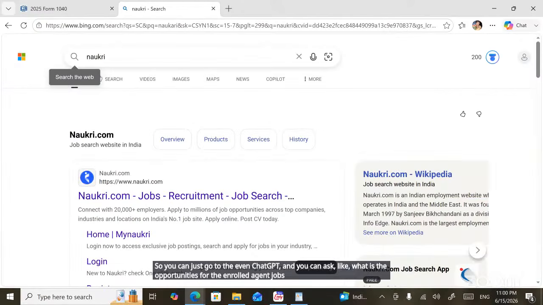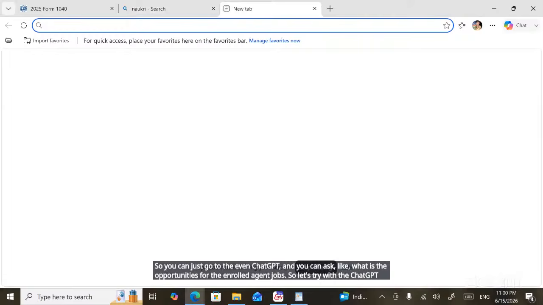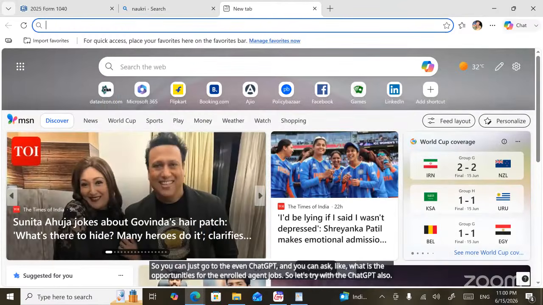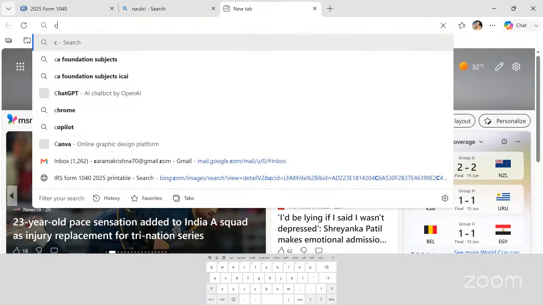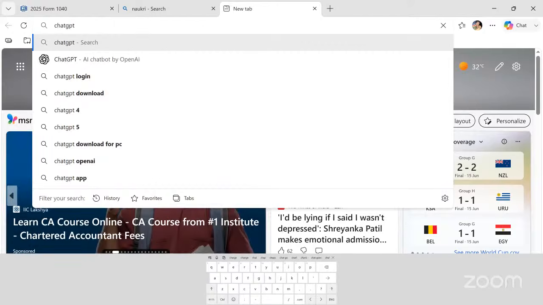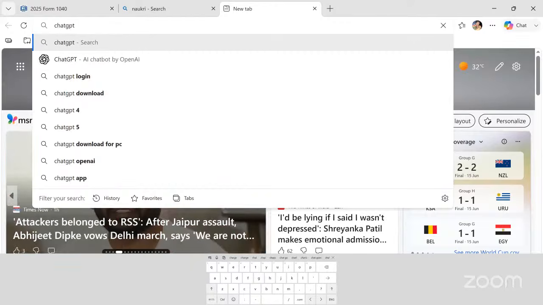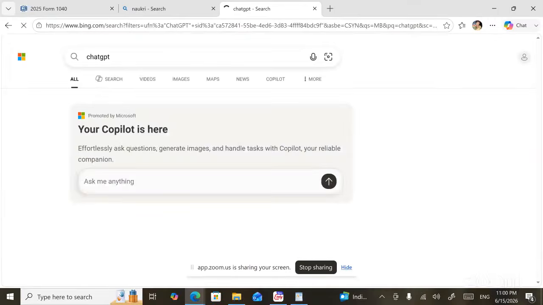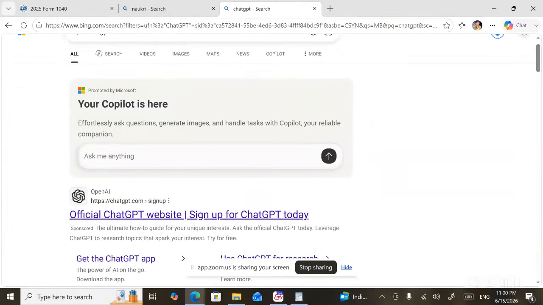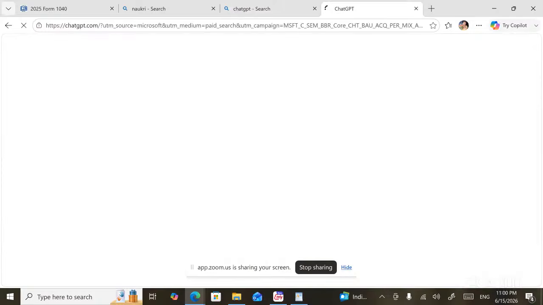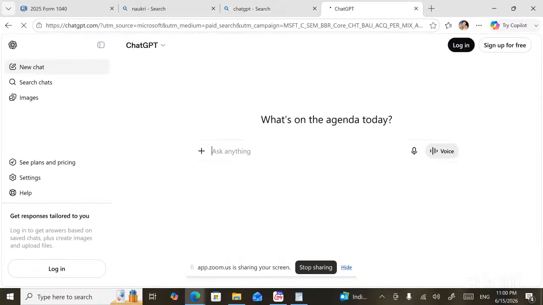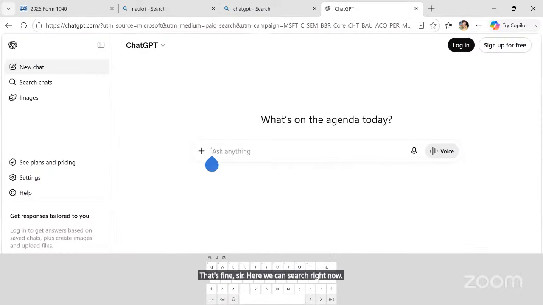So let's try with ChatGPT also. Here we can search right now.